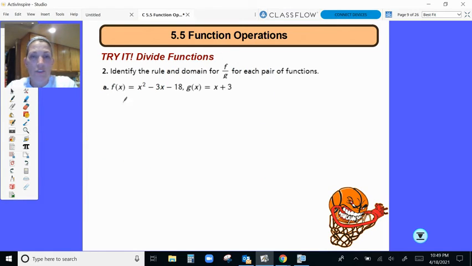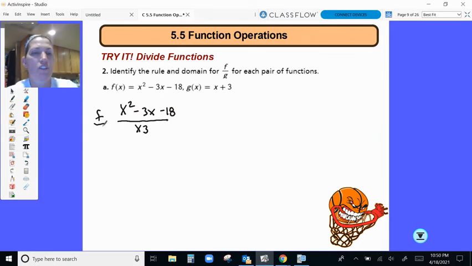You guys try to do this one. Go ahead and do this function f divided by g and see how you do. So I take my x squared minus 3x minus 18 divided by x plus 3. That's my f over g. Does that factor? Factors of -18 that add up to -3. Well, that's going to be x minus 6, x plus 3, right?